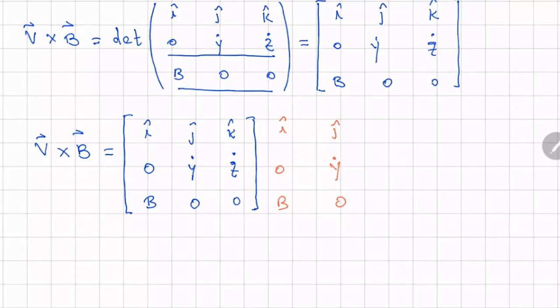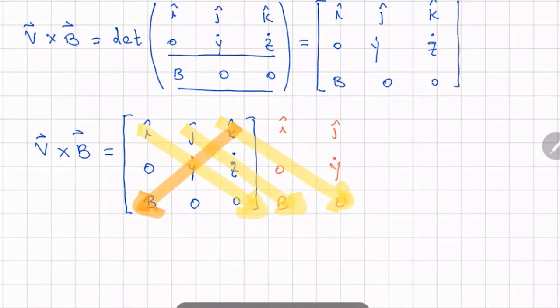Okay guys, so taking the diagonal products of the terms like this, I go in this direction with these diagonals and add those terms, and now we take the diagonals in this direction, okay guys.